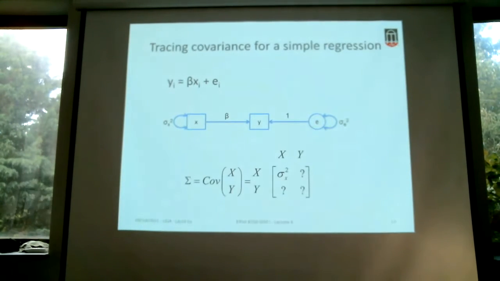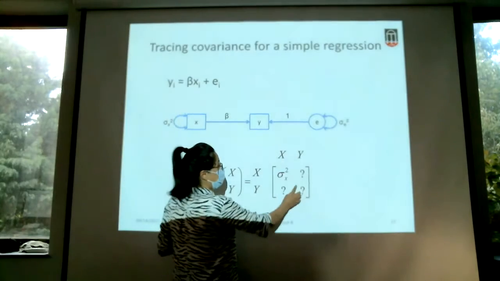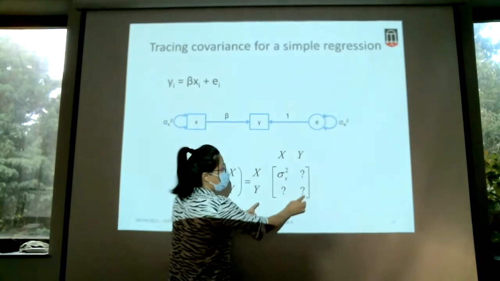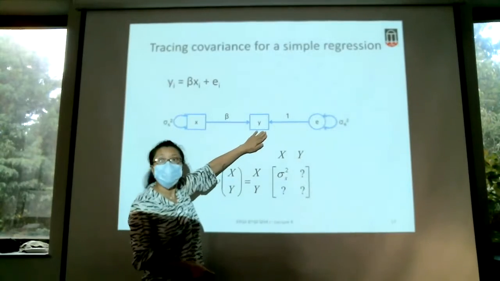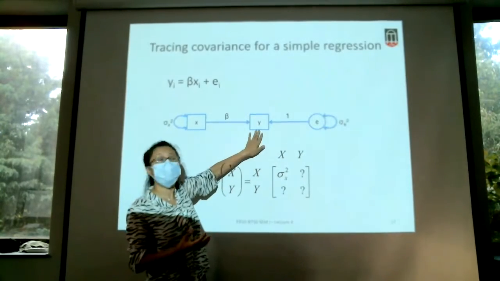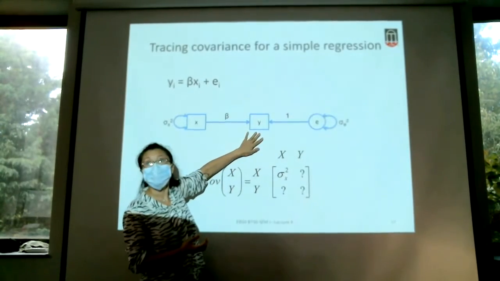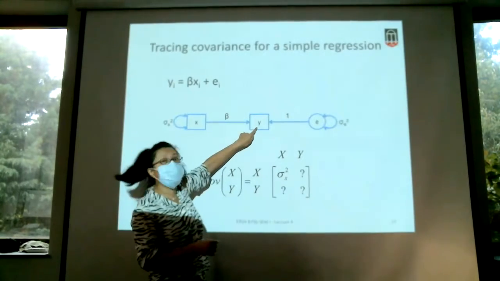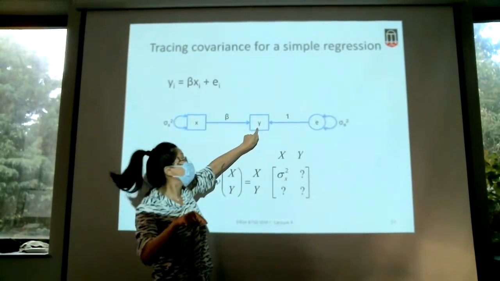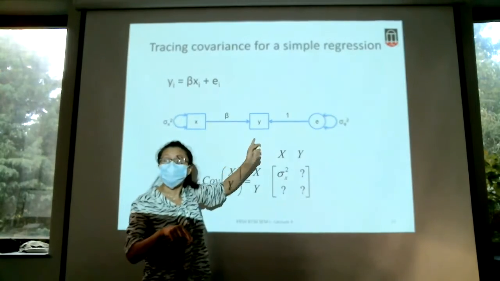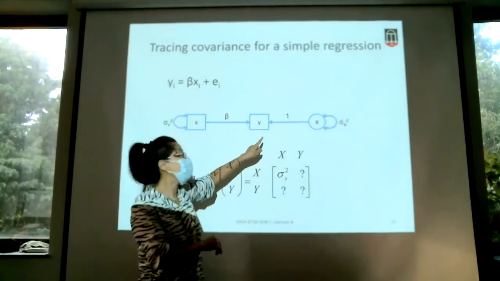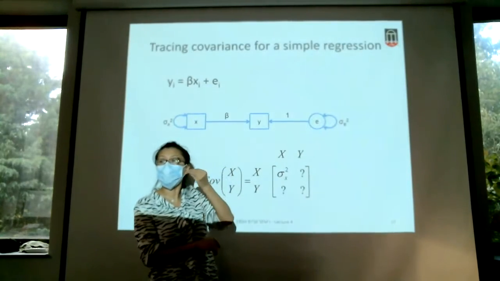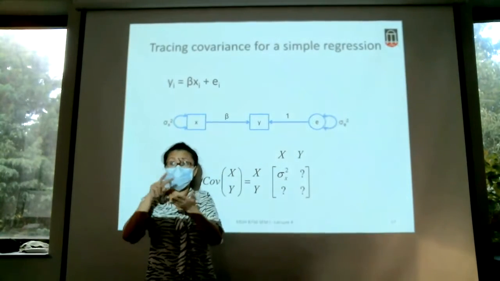Then you need to calculate the variance of y. So the question is: what is the variance of y in this path diagram? Applying the previous rule, starting from y, first, how many components? Variance of y. How many paths? Actually, there are 2 paths.